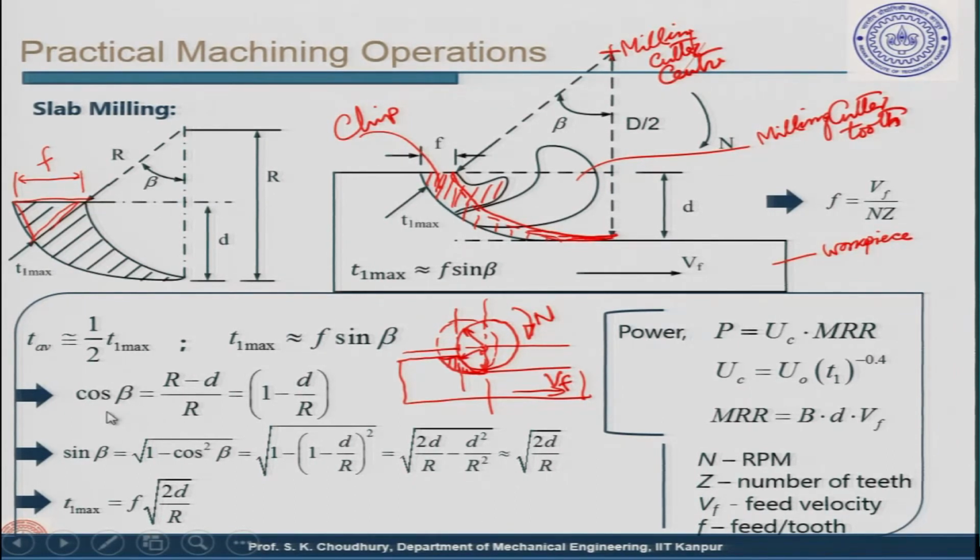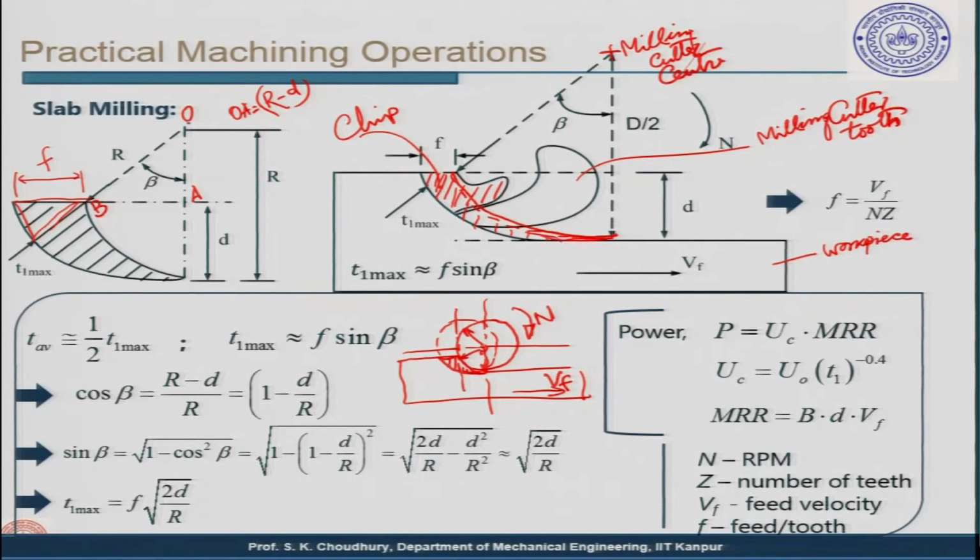Okay. Now, cos of beta from this triangle is this divided by this arm. So, let us say this triangle is O A B. So, O A is R minus D, right. R minus D is O A, and R is here.